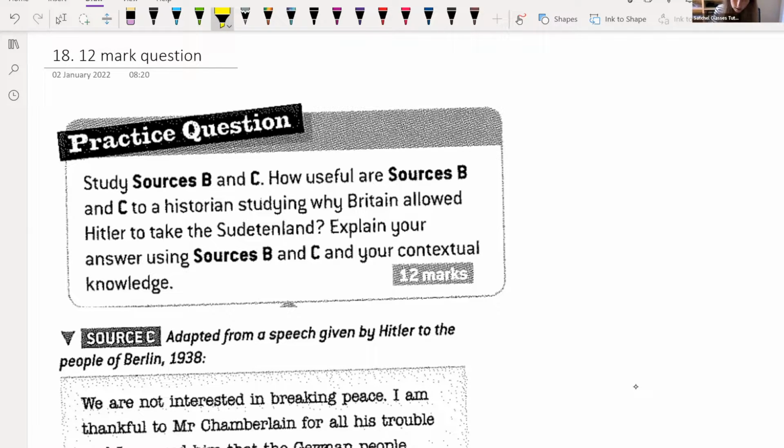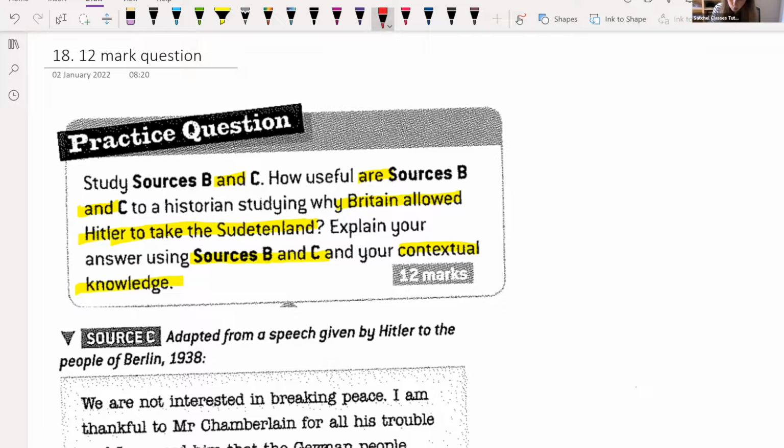Study sources B and C. How useful are sources B and C to a historian studying why Britain allowed Hitler to take the Sudetenland? Explain your answer using sources B and C and your contextual knowledge.